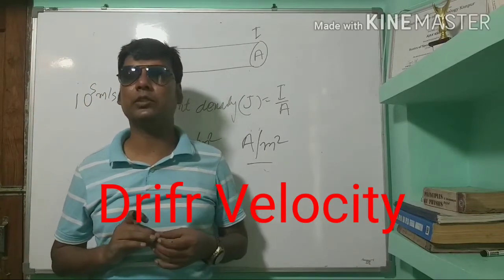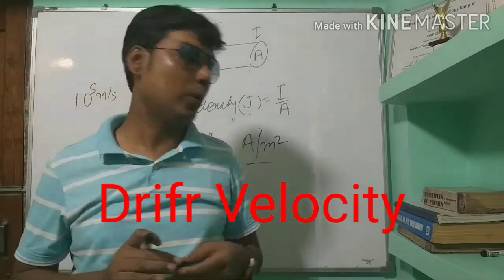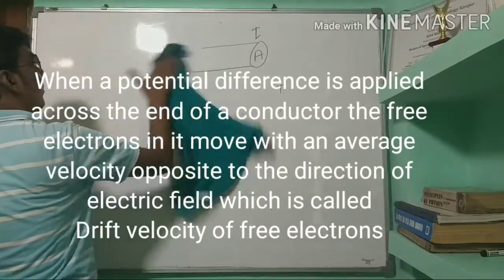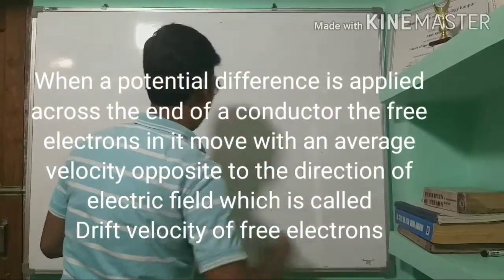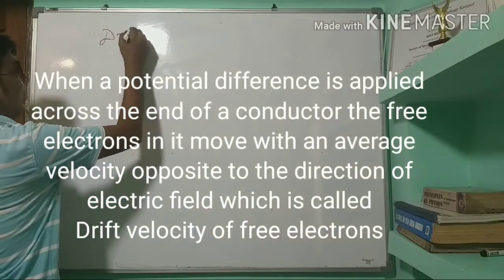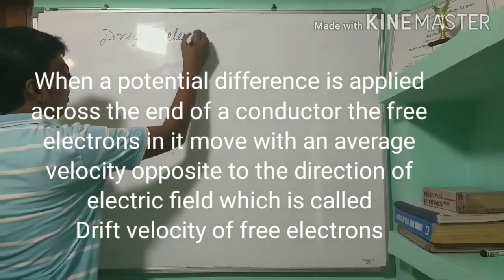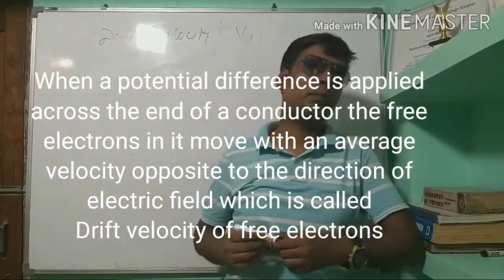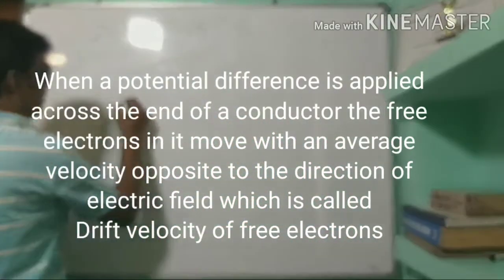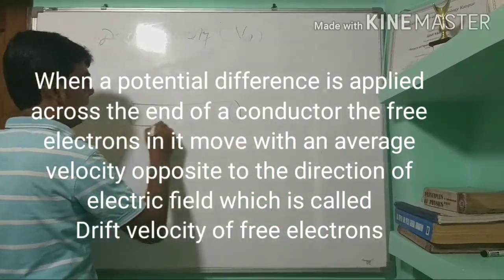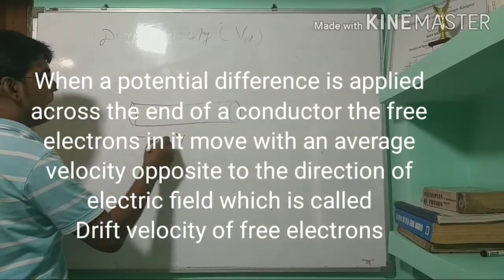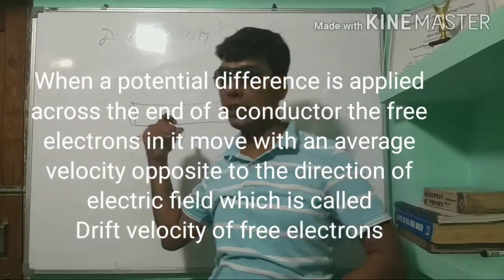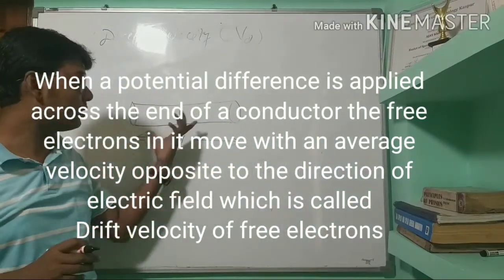Drift velocity is indicated by Vd. Suppose this is a conductor, and the potential difference V is applied across the ends of the conductor.